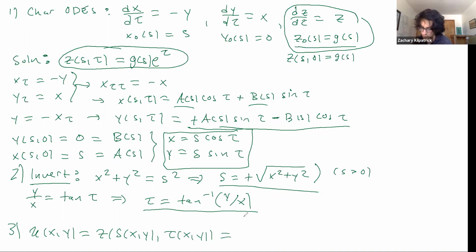And so this is equal to what now? G of s, but I know what s is. It's the square root of x squared plus y squared. And e to the tau, where tau is tan inverse of y over x. Okay?